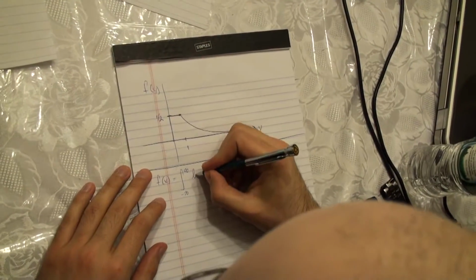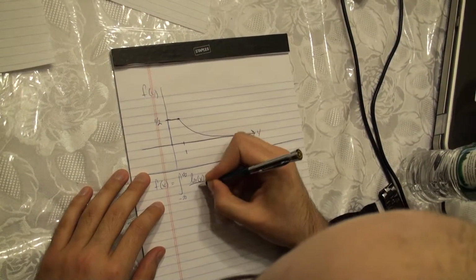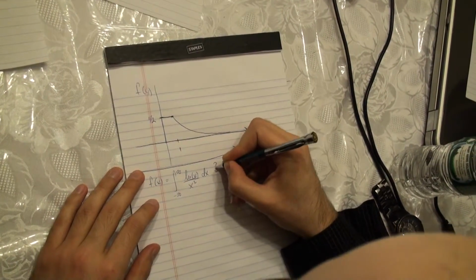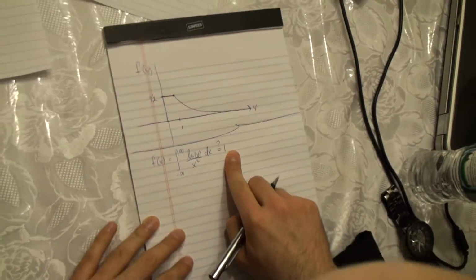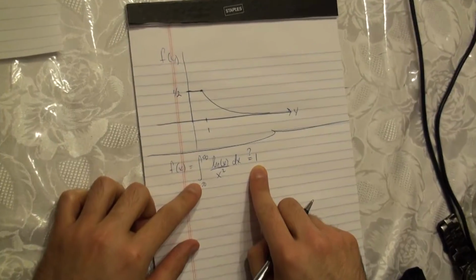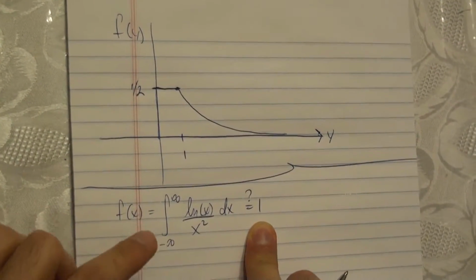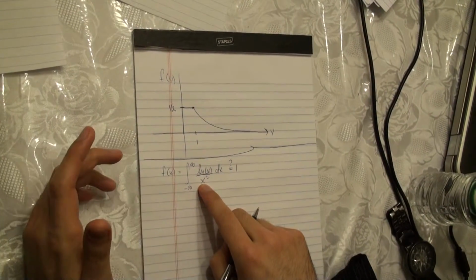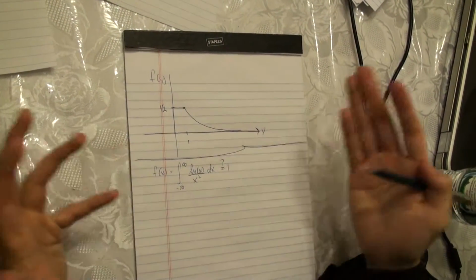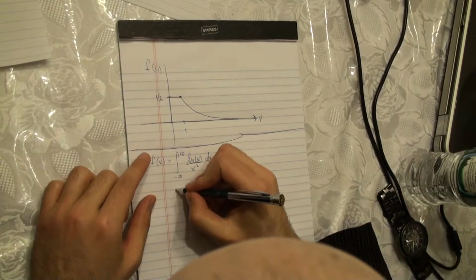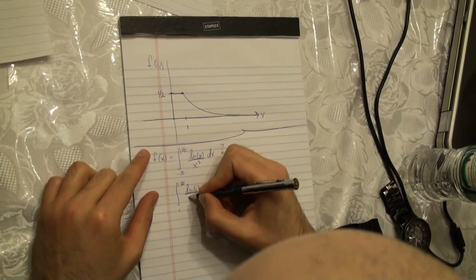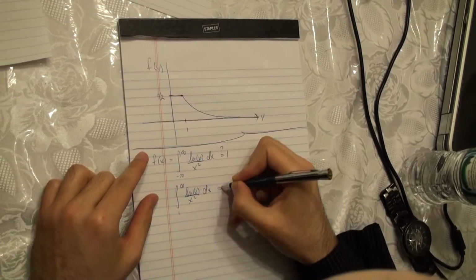So we have ln x over x squared dx, and we want to check that equals 1. Because x is only valid greater than or equal to 1, this integral becomes from 1 to infinity ln of x over x squared dx.